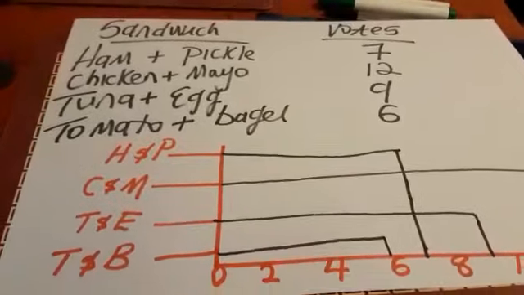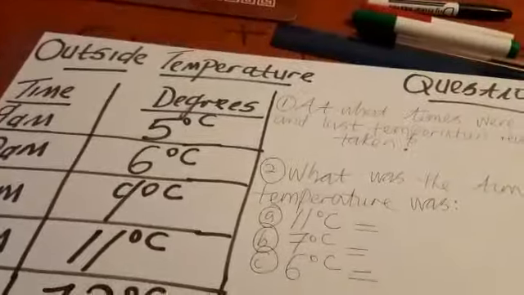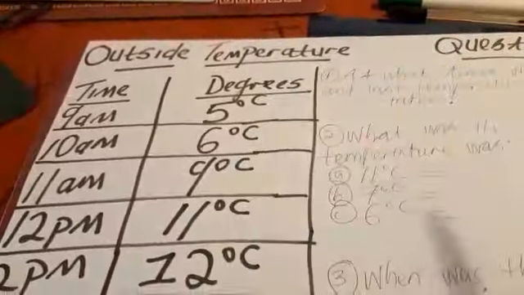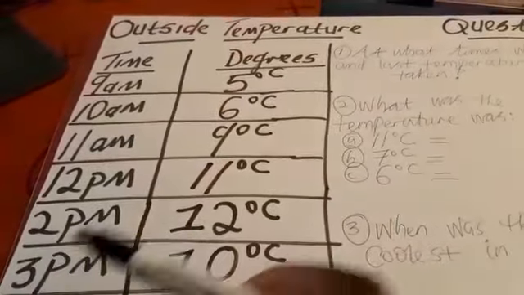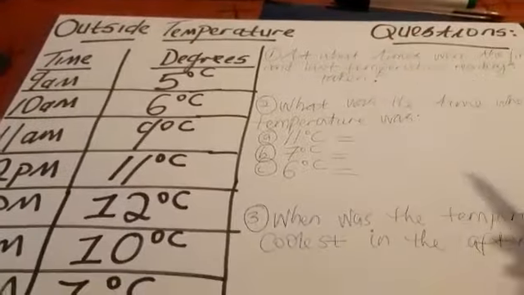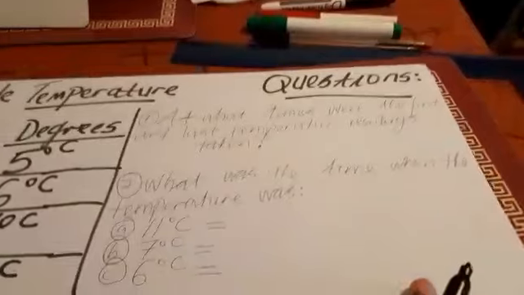Okay, so next one. We have some word problems. Here we're looking at outside temperature. We've got the time on the left, the temperature in degrees to the right, and further to the right, some word problems. Let's start with the first one.